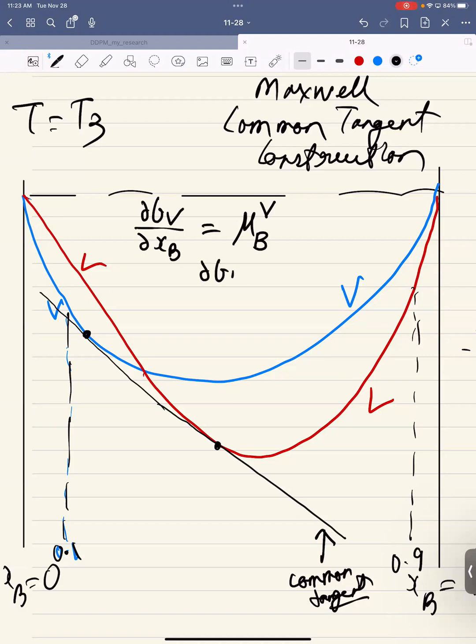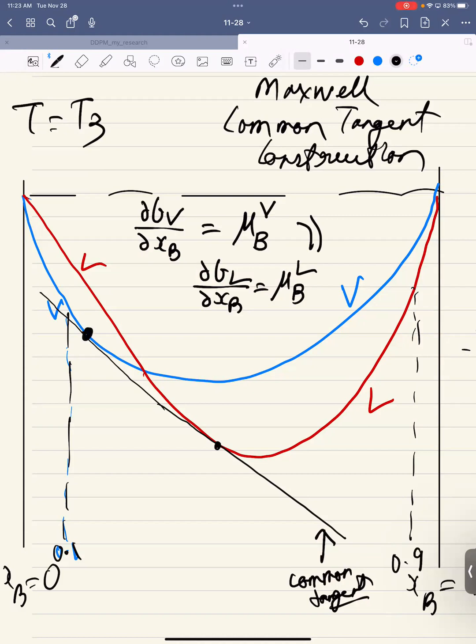Partial GL by partial XB is the chemical potential of B in the liquid phase, right? And what you have just shown by drawing this common tangent is that these two things are equal. That is the meaning of common tangent, right? Both slopes are equal. And if you have two chemical potentials equal, that means liquid and vapor can exist together in equilibrium, but not all liquid and all vapor.